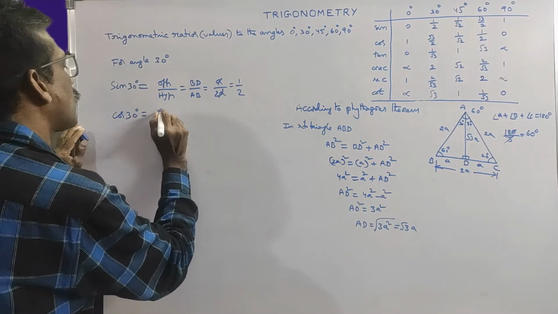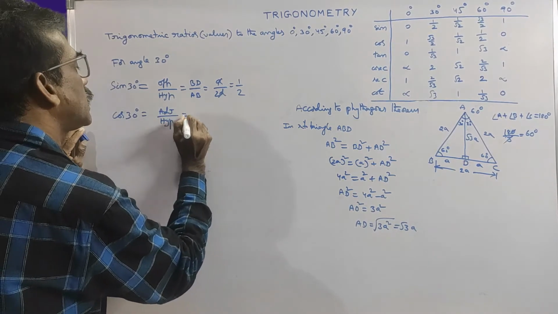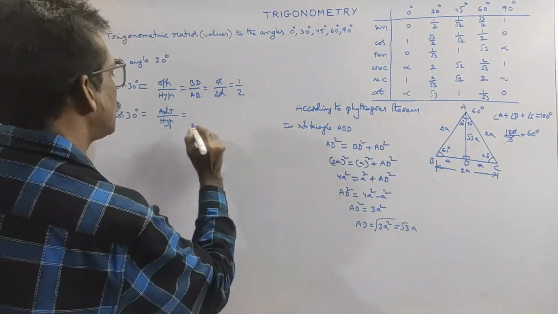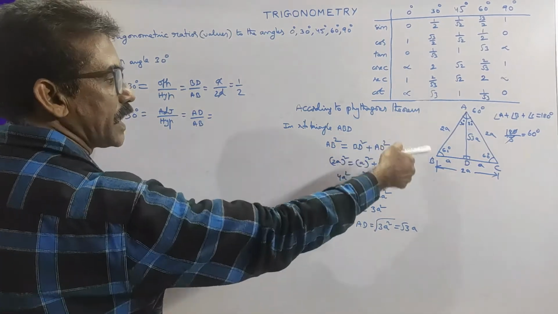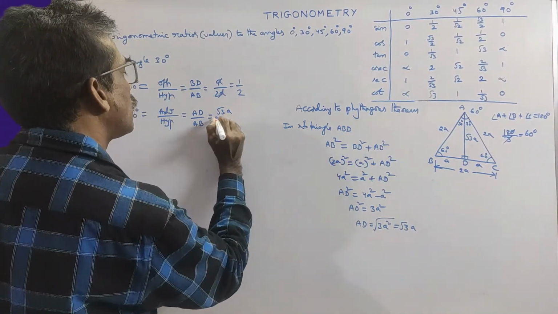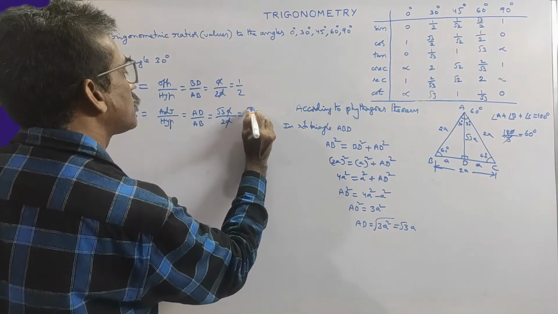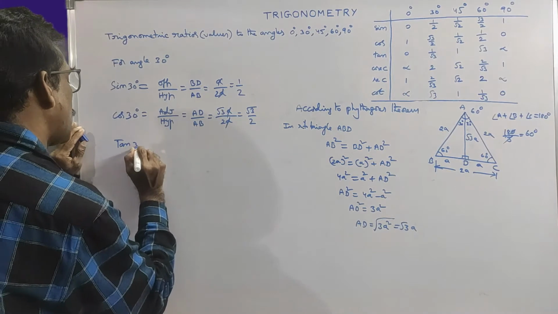Next, cos 30 degrees. The cos formula is adjacent side by hypotenuse. The adjacent side for 30 is AD, by hypotenuse AB. The value of AD is root 3 A, by 2A hypotenuse. A and A cancel, root 3 by 2. Next is tan of 30 degrees.